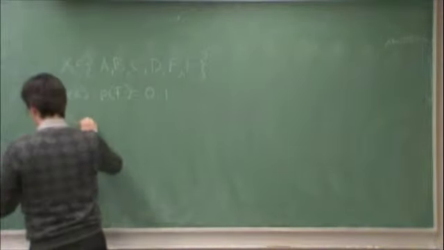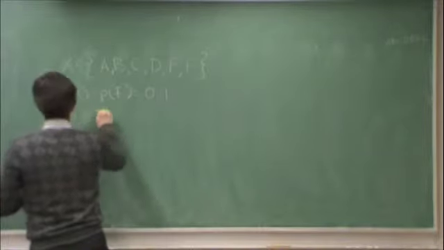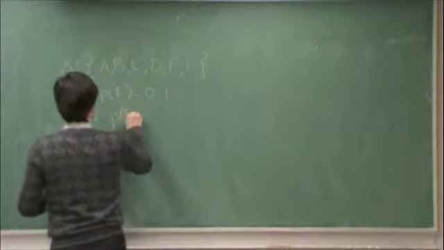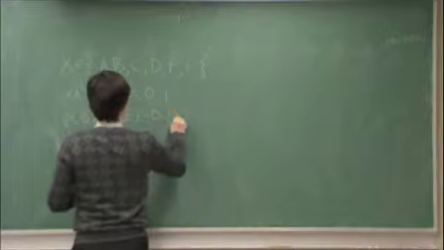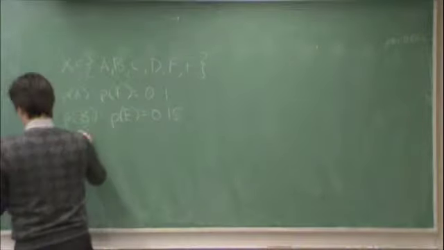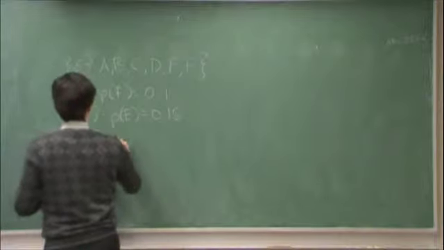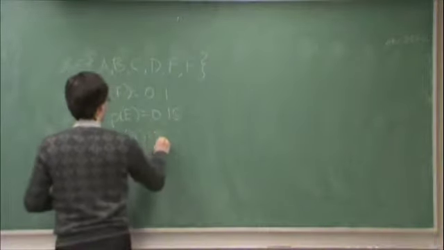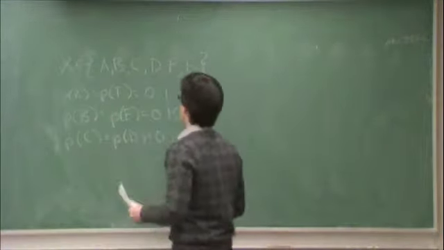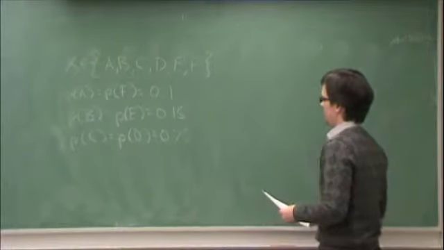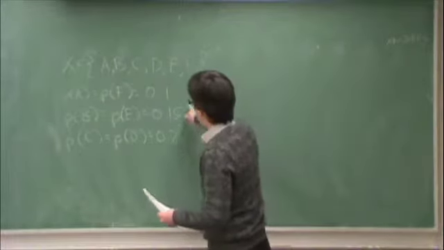The probability of B equals the probability of E, which is 0.15, and the probability of C equals the probability of D, which is 0.25. So let's firstly quickly check to make sure this adds up to 1.